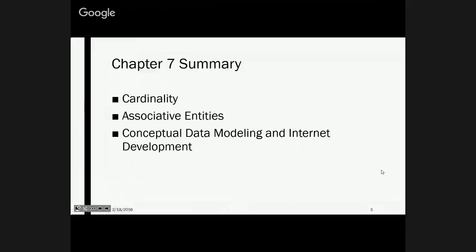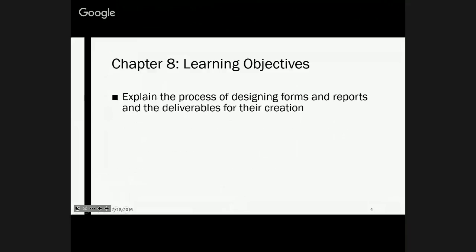Just the idea that we can model data either for an entire system or for an internet application, or pretty much any application that stores data, which everything stores data. Otherwise, what's the point? And then we talked a little bit at the end about the alternative design strategies and that weighting table where we weight out each of the different factors and use that as a tool to decide which one is the best way to go.